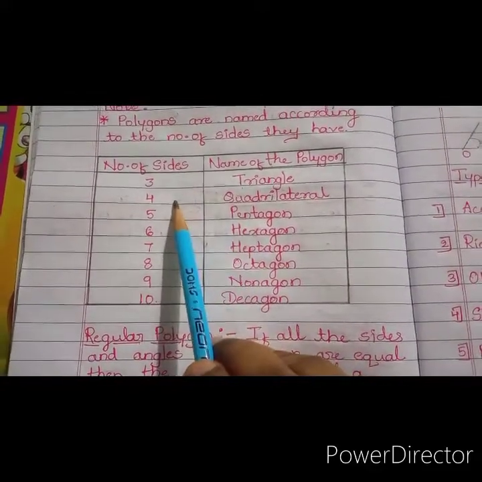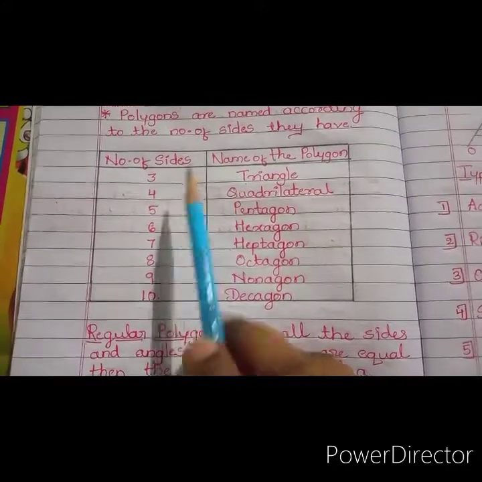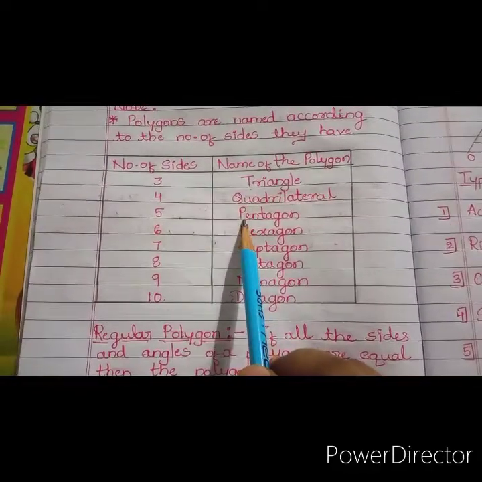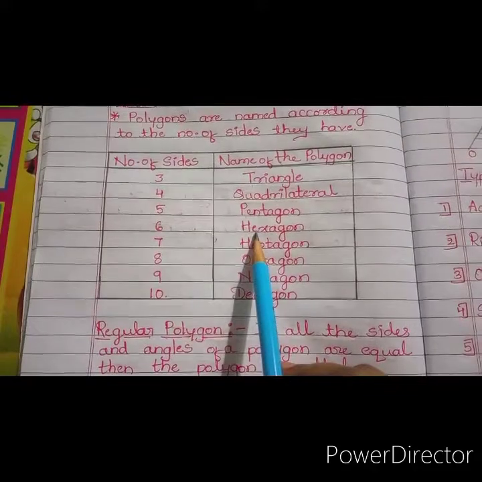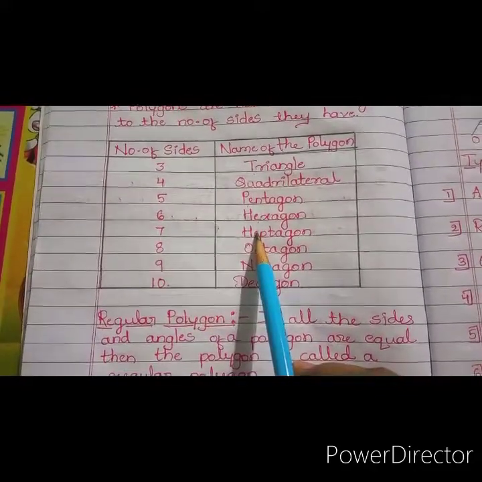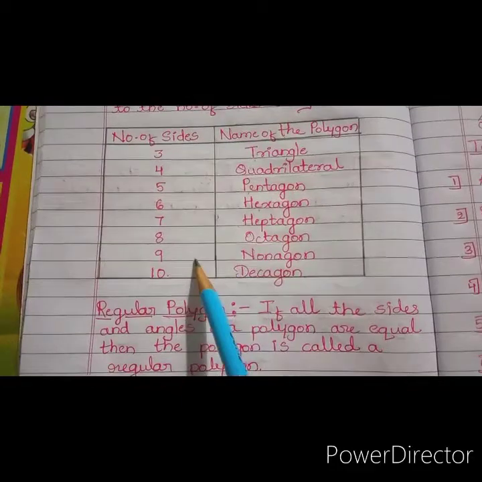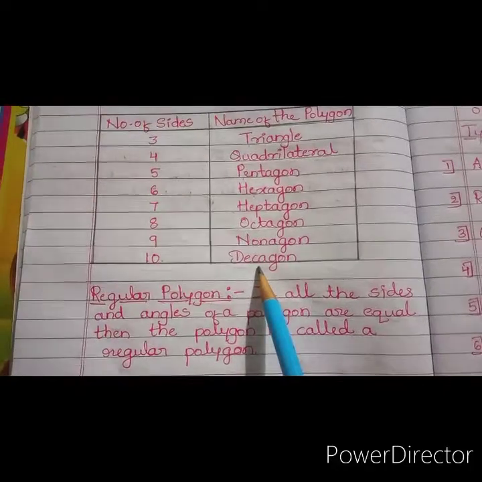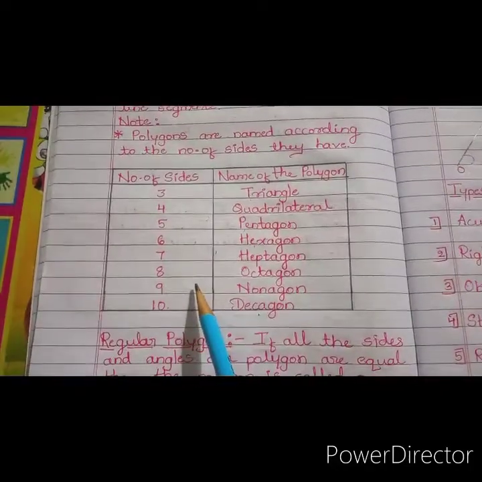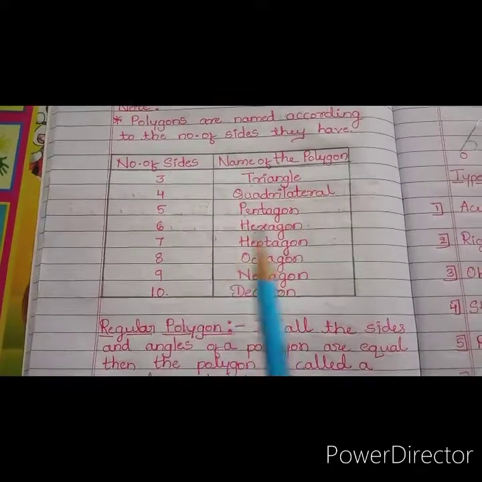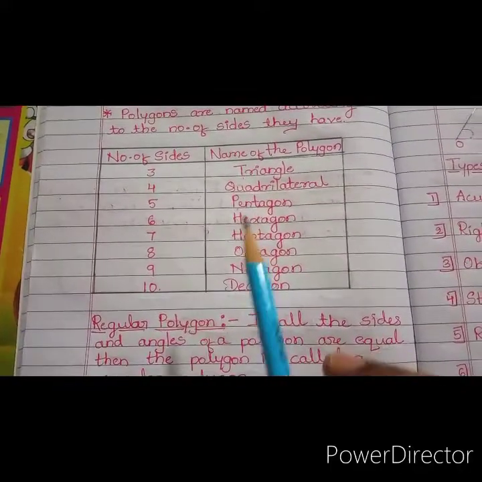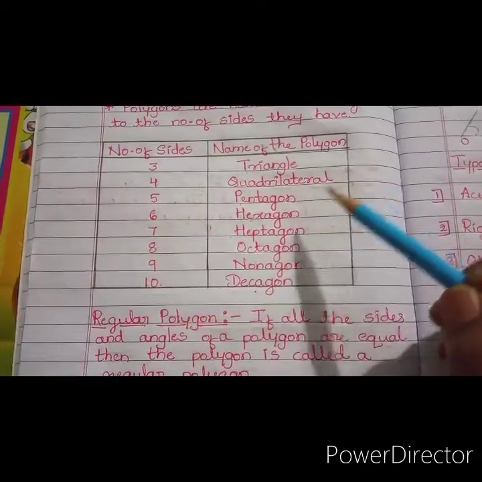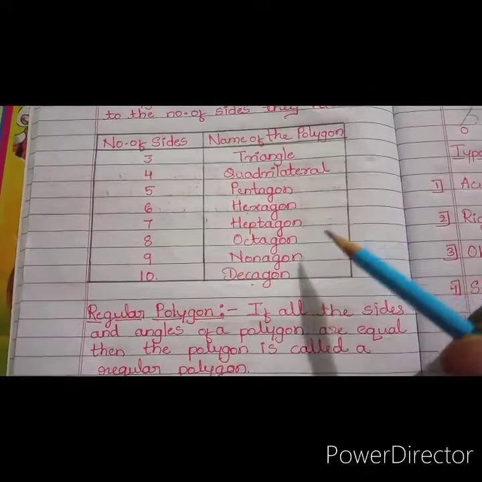Suppose the number of sides is 4, then it is a quadrilateral. 5 sides, pentagon. 6 hexagon, 7 heptagon, 8 octagon, 9 nonagon, and the last one, 10, is decagon. Depending upon the number of sides, they give the names. So: triangle, quadrilateral, pentagon, hexagon, heptagon, octagon, nonagon and decagon.